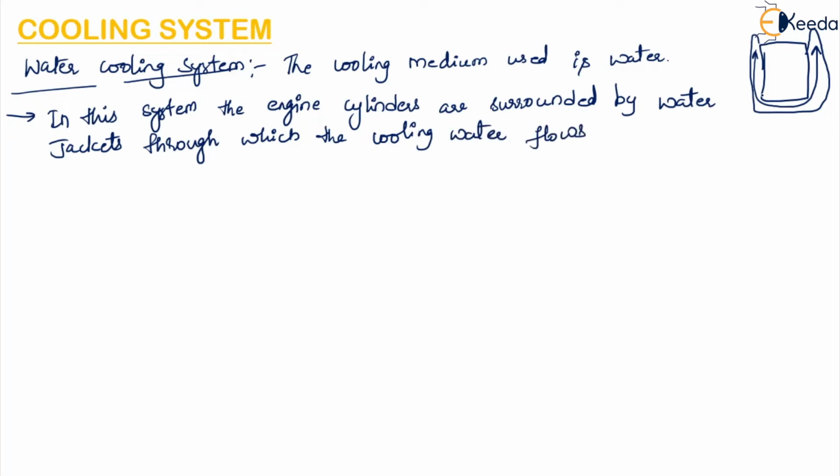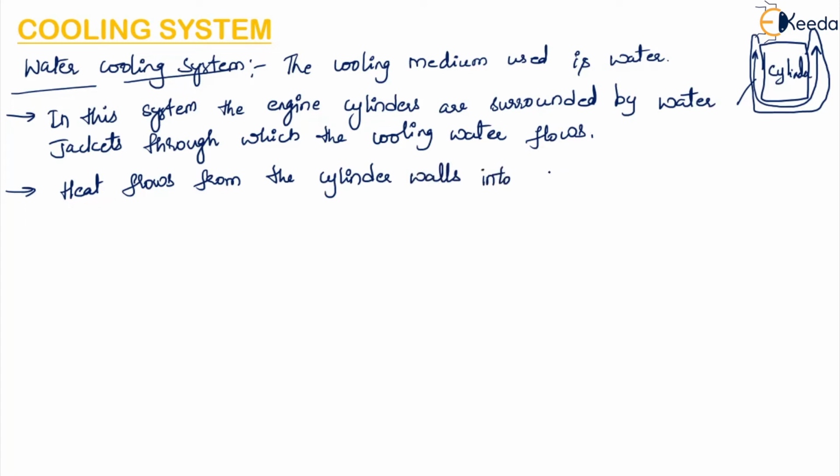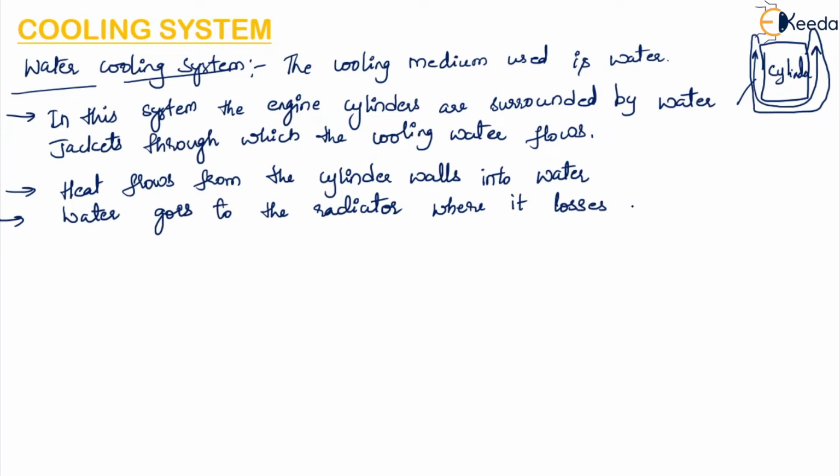So as I have shown you, if this is the water jacket and this is the cylinder, through this water jacket the cooling water will flow. Heat will flow from the cylinder walls into the water, and then the water carrying the heat goes to the radiator, where it loses its heat to the air.